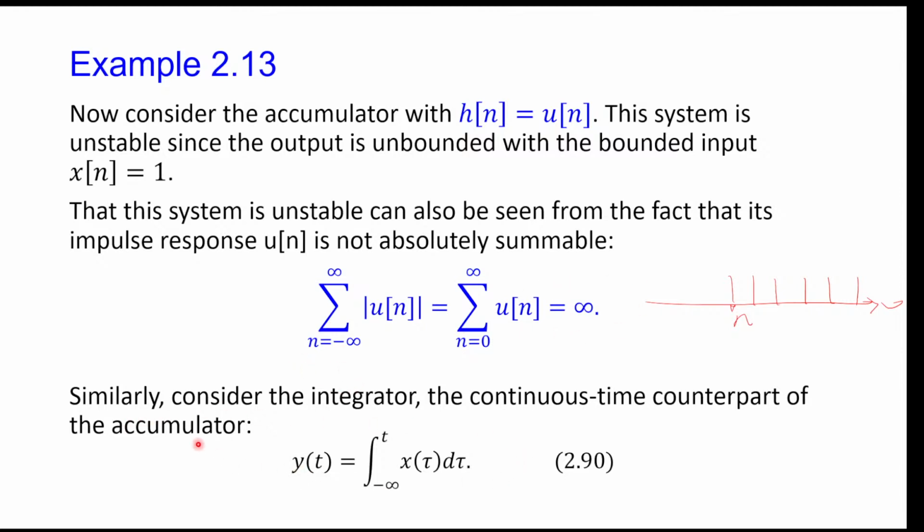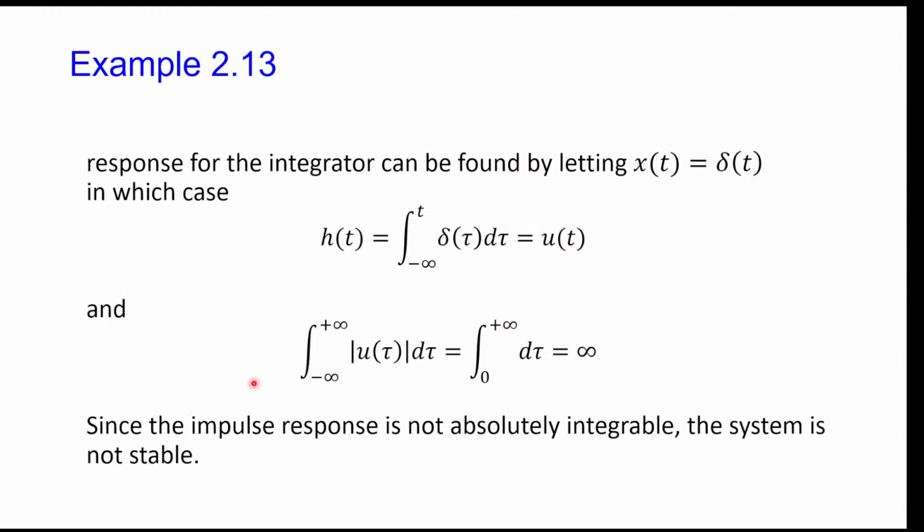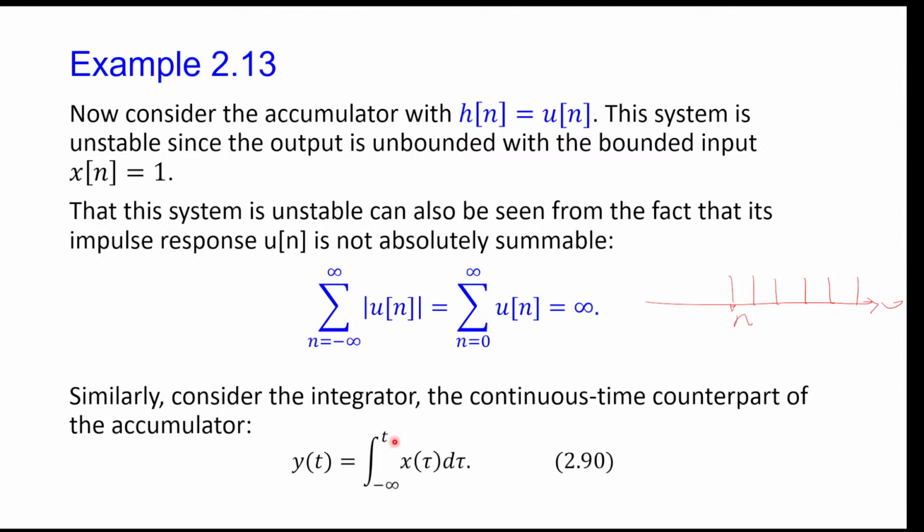Okay, and you can also consider an integrator. This is the continuous counterpart of the accumulator. That's y of t equal to the integration from minus infinity to t of x of tau d tau. So you integrate the input signal from minus infinity to t.